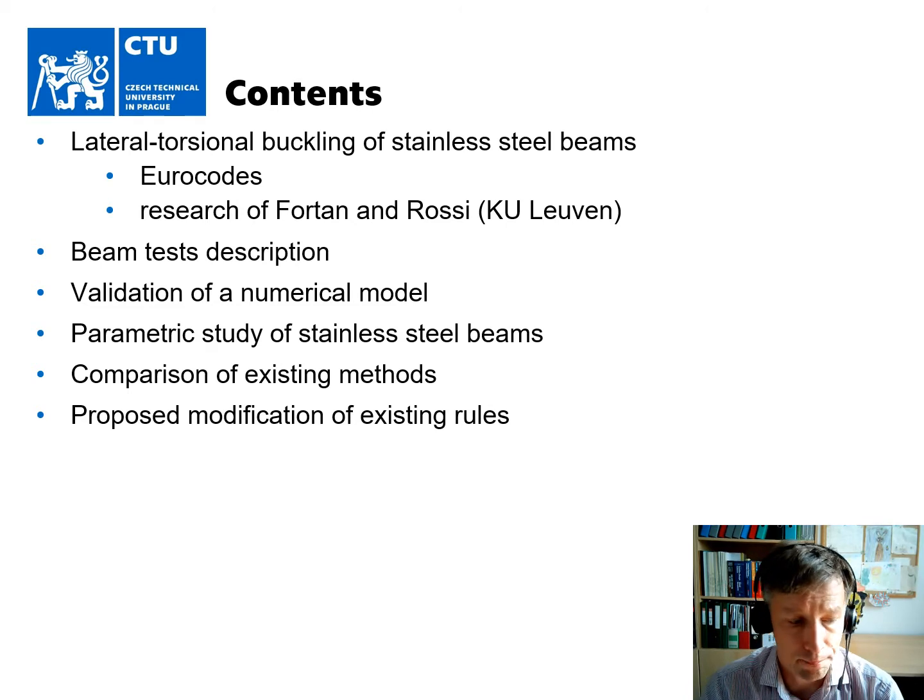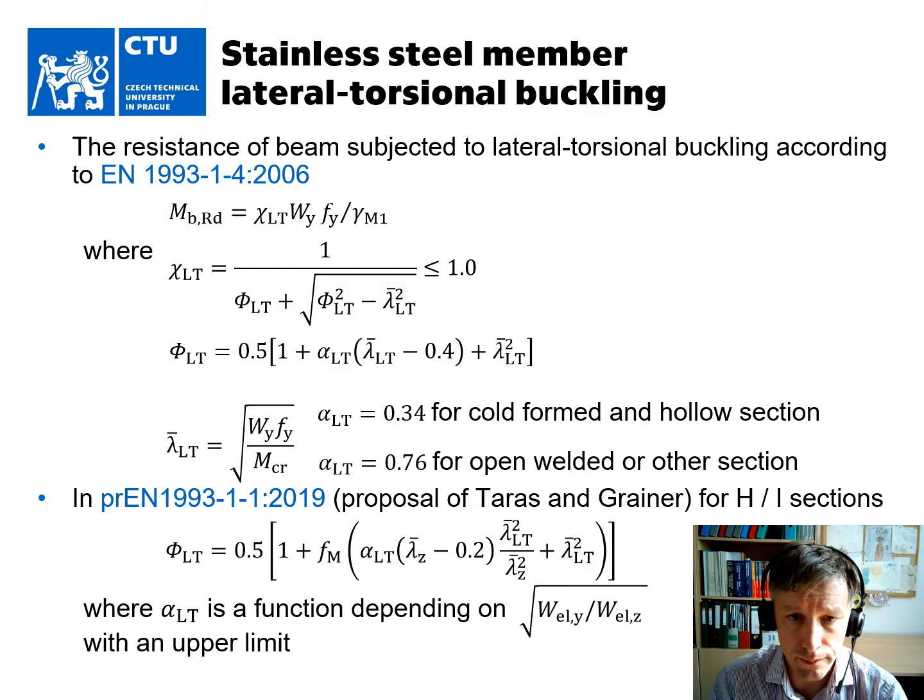And I will show also the comparison with the results of the study and proposed modifications. In the Eurocode 3 part 1-4 there are design rules also for members subjected to lateral torsional buckling.